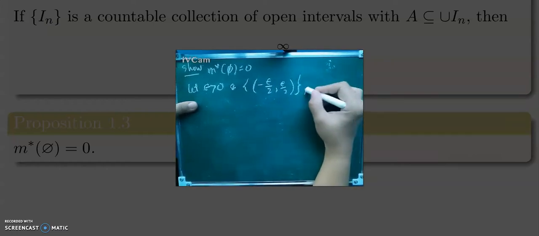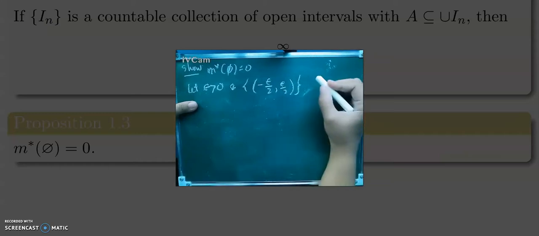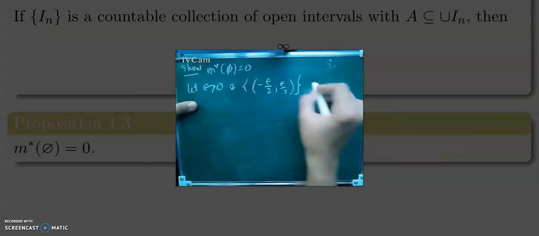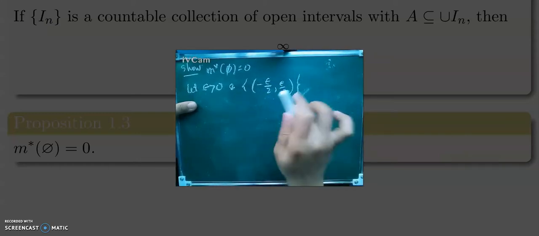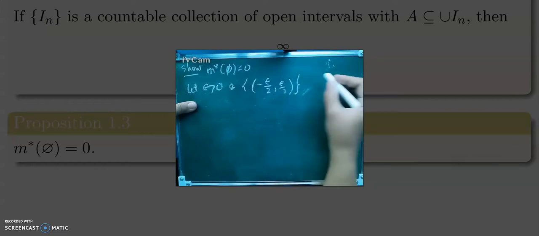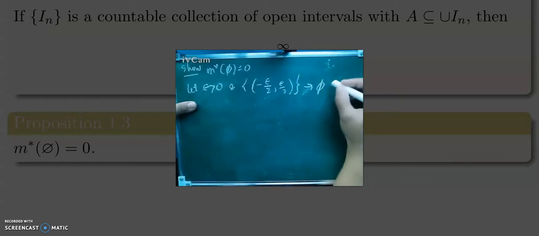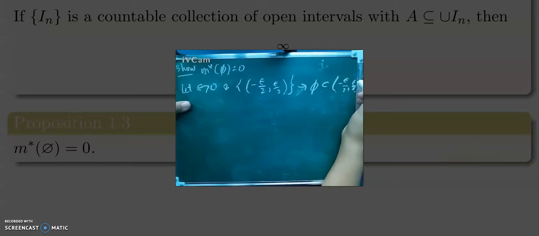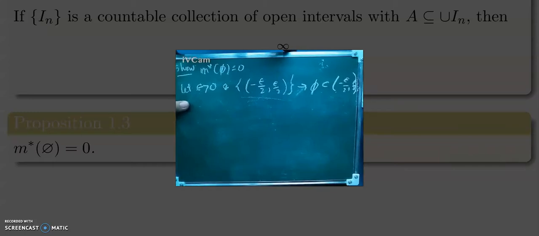Because the empty set is a subset of this one, right? So in that case, of course, this is a collection that covers the empty set. So it satisfies the condition.